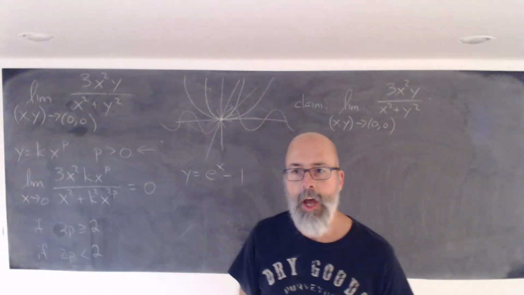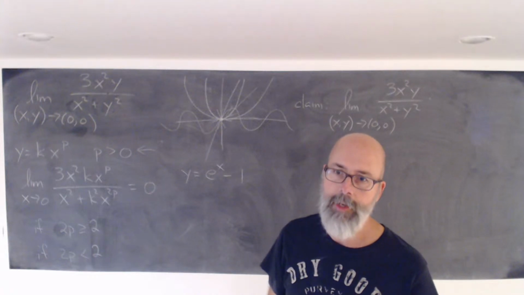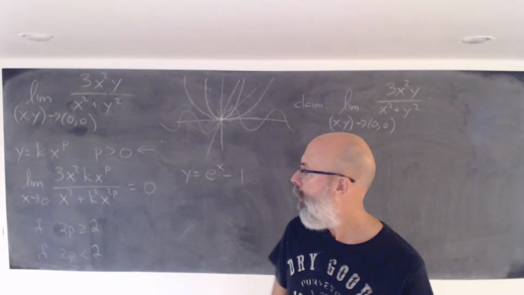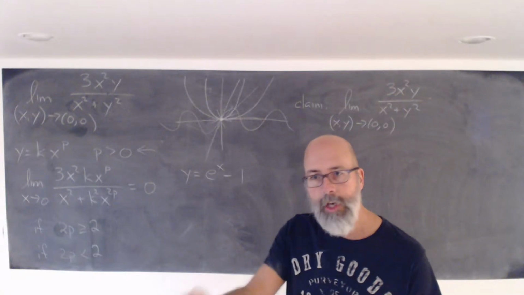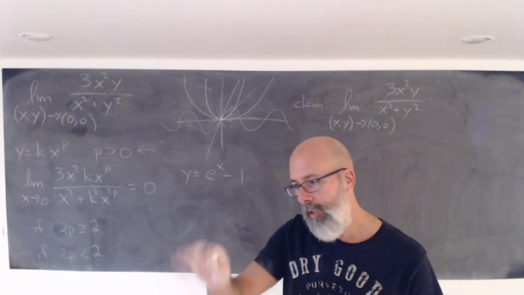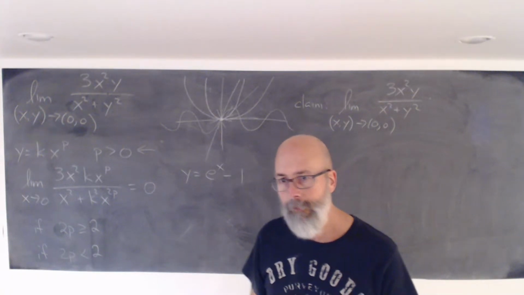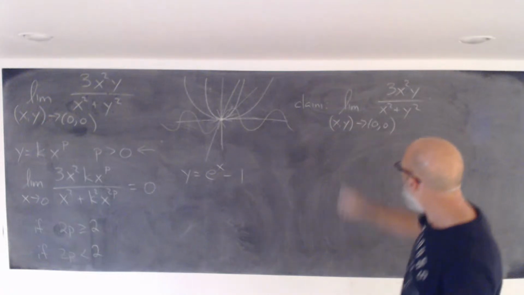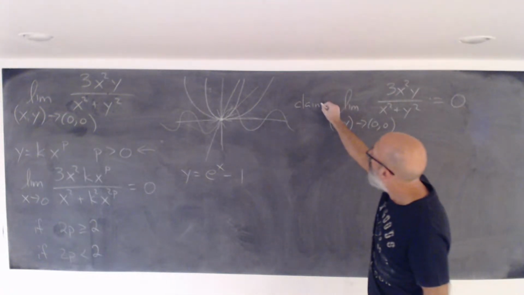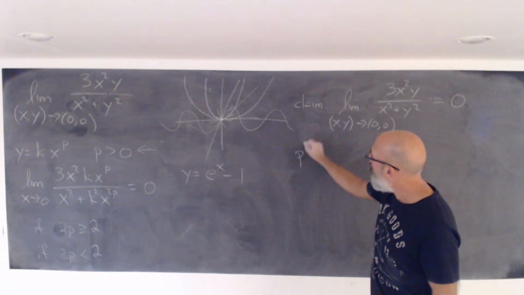Ren is asking, how many paths do we have to check on the exam? Well, you have to check as many until either you get two limits that are different, or you've convinced yourselves that the limit does exist. And then you have to prove it.